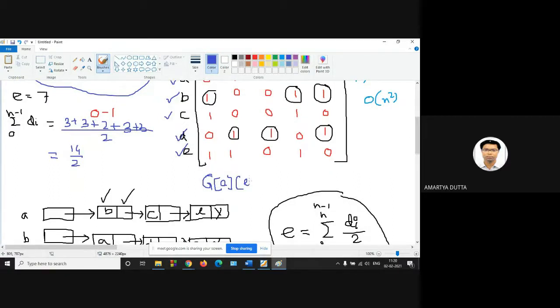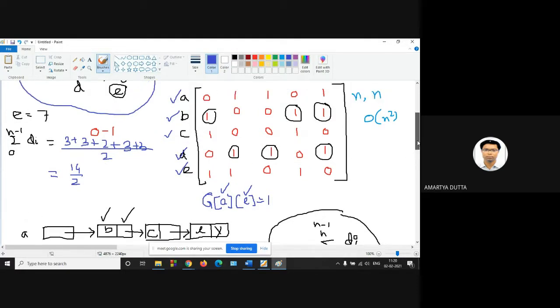Anyone please? GAE. Anyone? 1. So the starting vertex is A and the ending vertex is E. So GAE is 1 from this adjacency matrix. Okay.